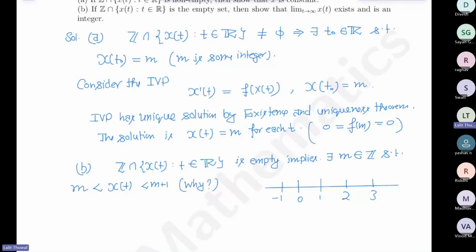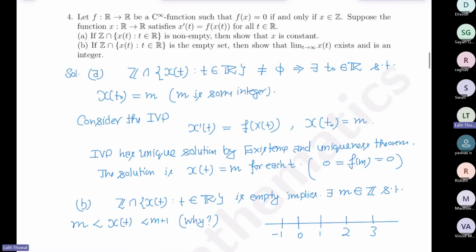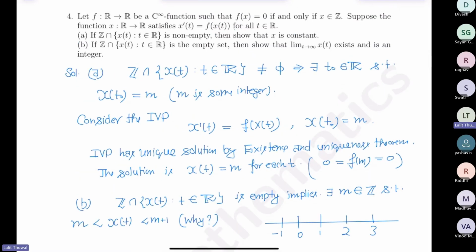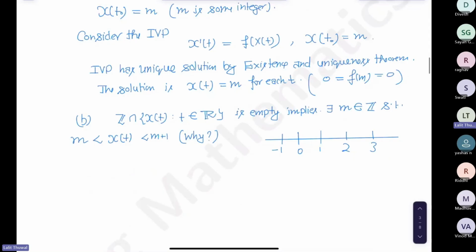So if a continuous function, this is continuous also, because this is a solution of a differential equation, that it is differentiable also. So the answer is that x(t) is continuous. So it cannot be an integer.